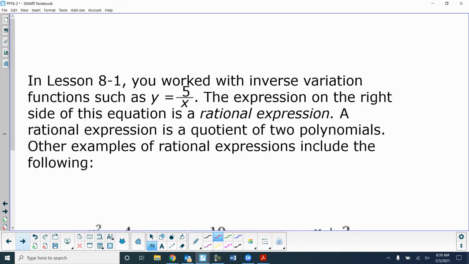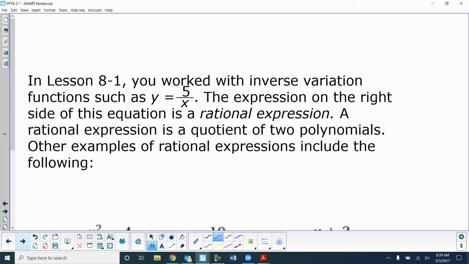All right, so last section, you worked on inverse variation functions. Remember y equals k divided by x, right? So y equals 5 over x is one of those inverse variations. The expression on the right side of this equation, this 5 over x, is called a rational expression.